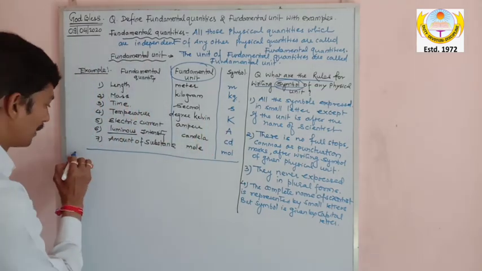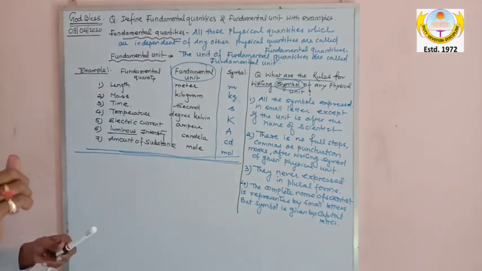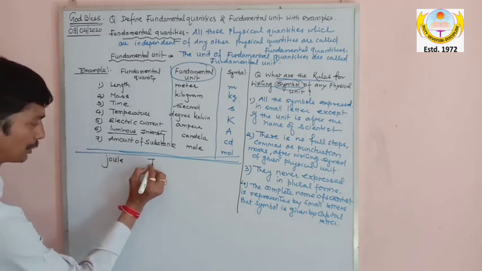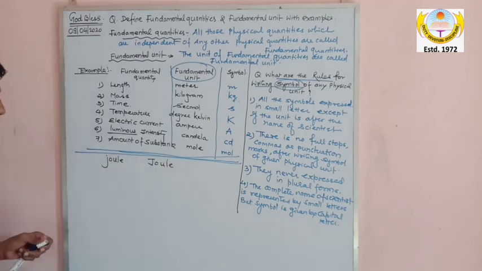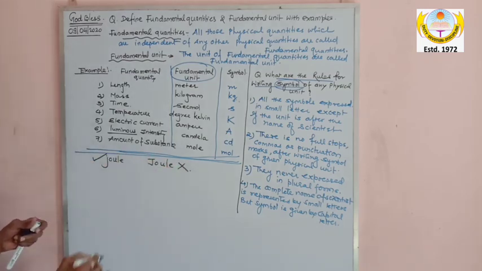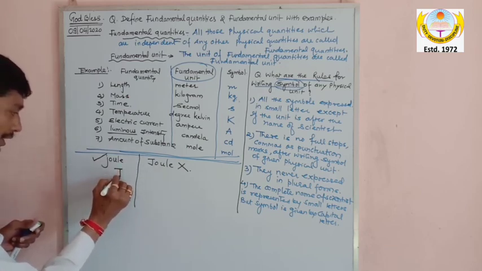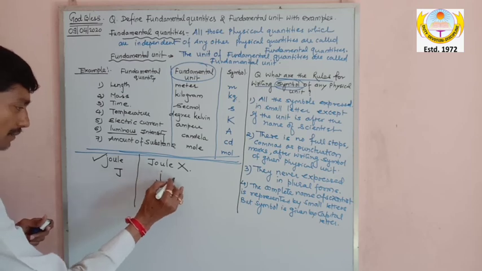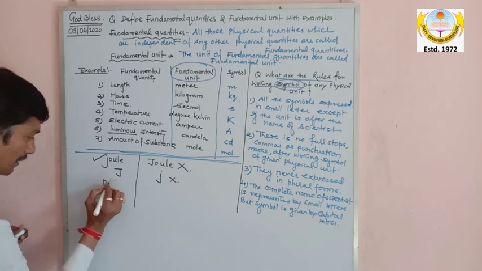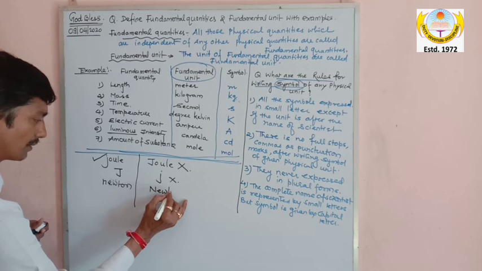Okay, so now I am testing you all. Look at it, and then I will wipe it out. This joule is correct or this joule is correct? The answer is this joule is correct and this joule is wrong. In symbolic form, we write capital J. This is wrong. Similarly, this Newton is correct, but this Newton is wrong.